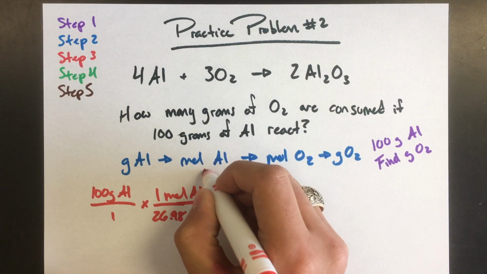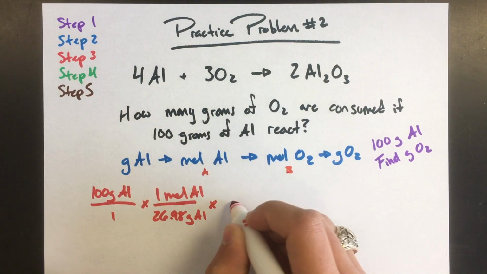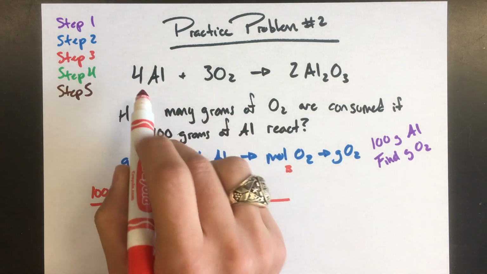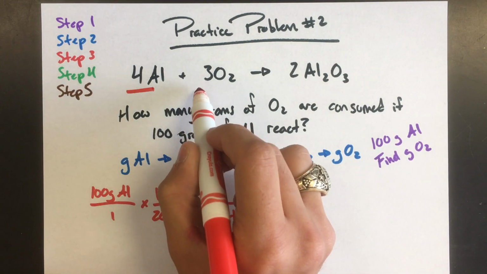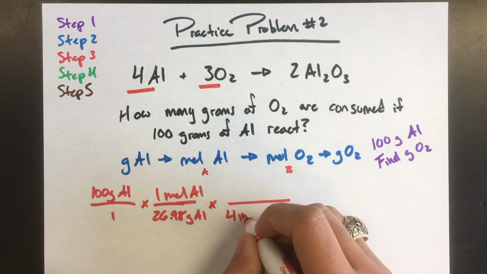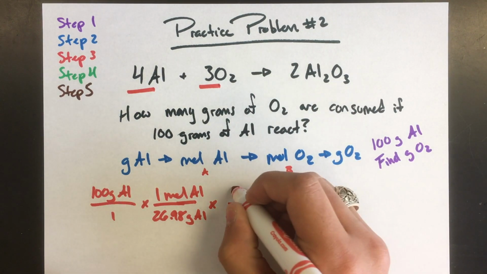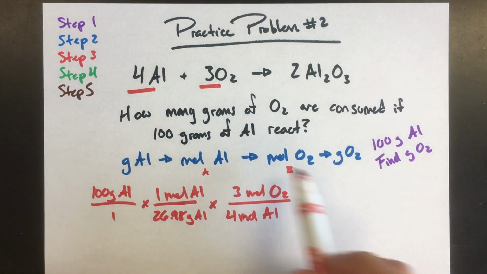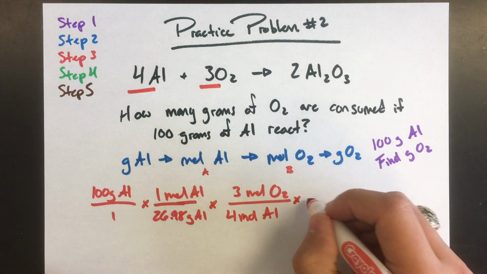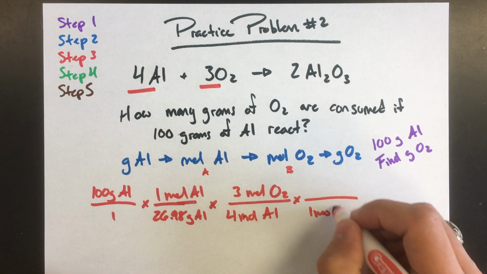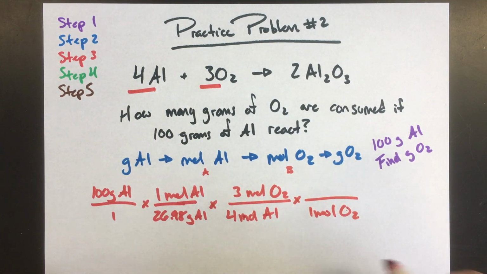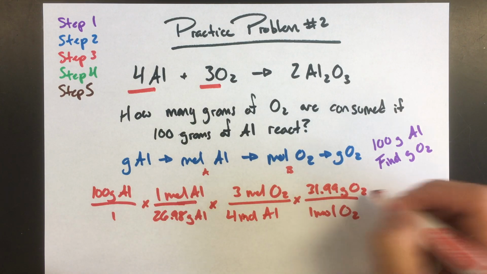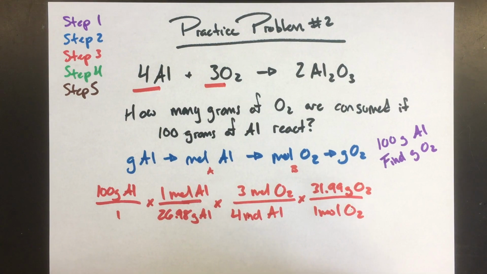So that means that this is A and that's B. So 4 moles of aluminum reacts with 3 moles of oxygen. And then we can finally go from moles to grams. And remember, 1 mole of O2 weighs 31.99 grams. Okay, so we have that.